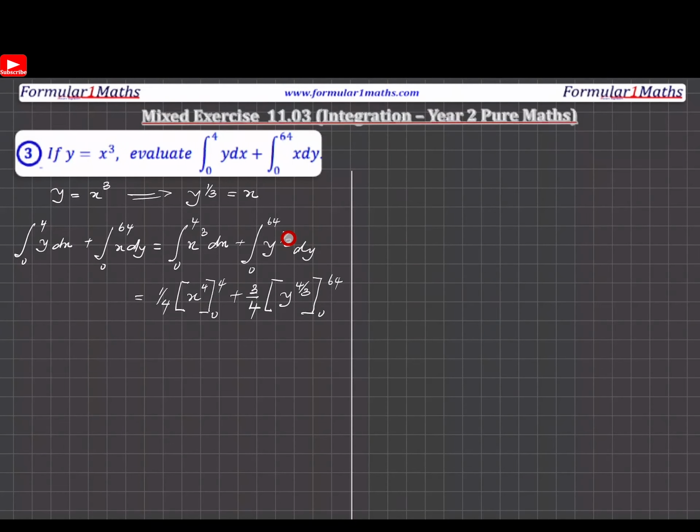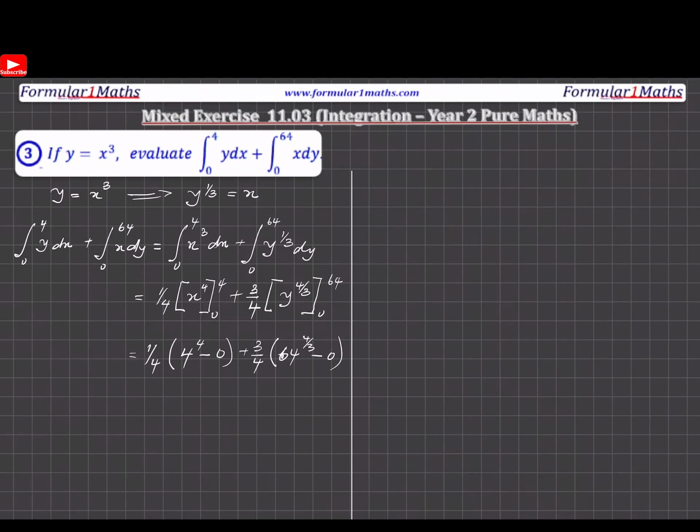Because if I add 1 to this, I get 4/3, and 1 divided by 4/3 is 3/4. All I do now is put in my limits. So I'm going to get 1/4 brackets 4 to the power 4 minus 0, plus 3/4 brackets 64 to the power 4/3 minus 0.